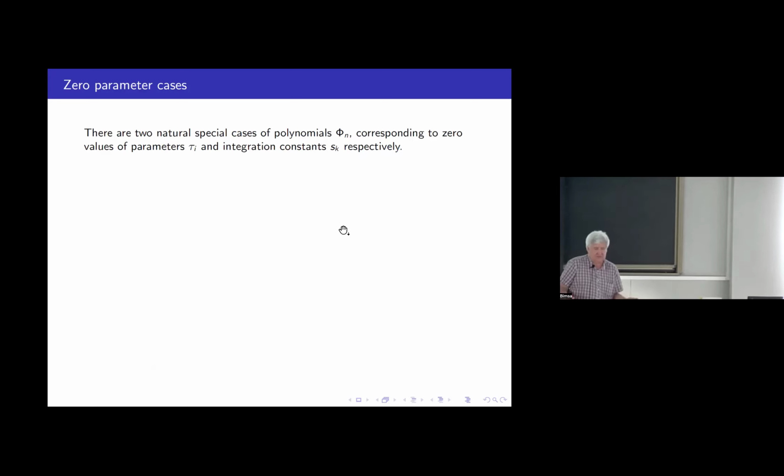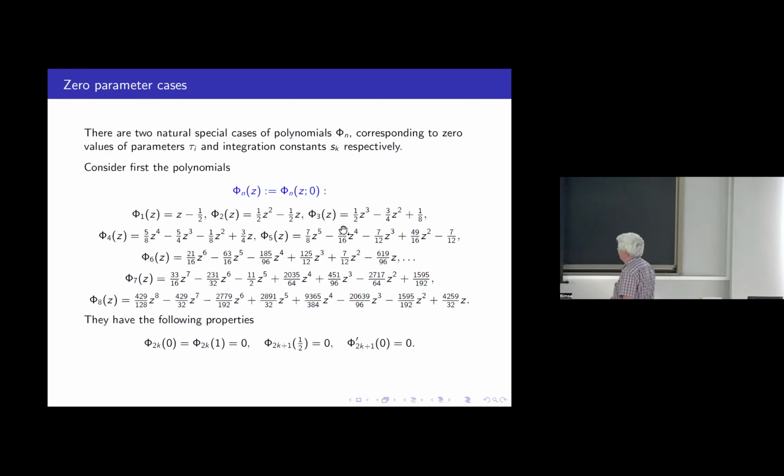And of course, the natural choice was: let's put all tau to 0 first and see. Then S_k will be non-trivial. If you put all tau equal to 0, then we will have this kind of polynomials with some properties which remind of Catalan, but again, it's rational.